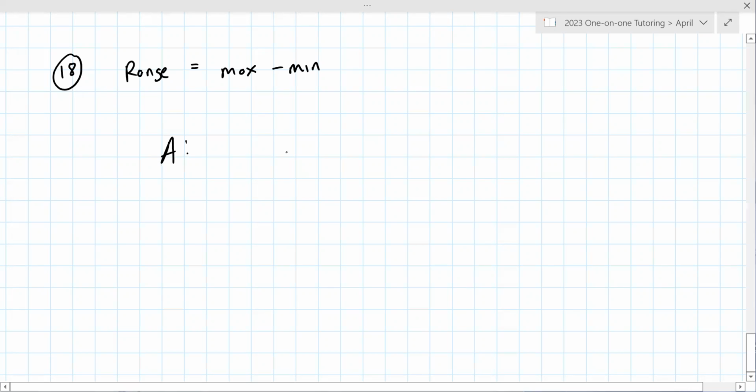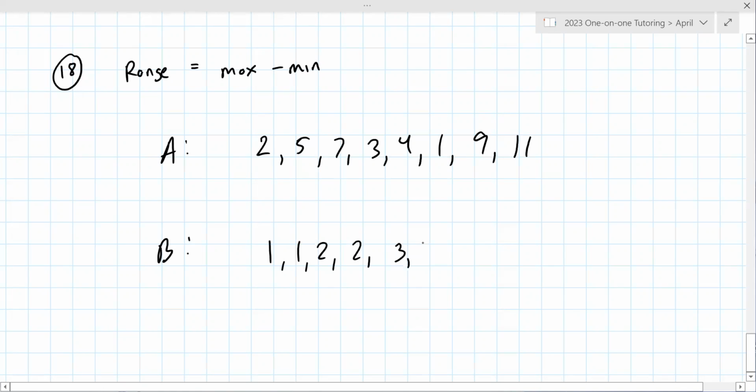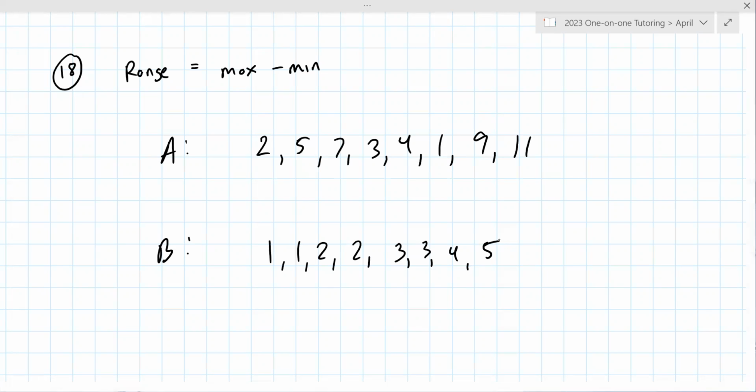Data set A is 2, 5, 7, 3, 4, 1, 9, 11. B is 1, 1, 2, 2, 3, 3, 4, 5. Give me the range of A, the range of B. So A is 10 and B is 4. Very good.